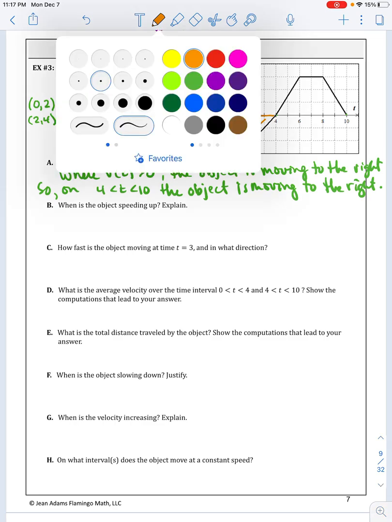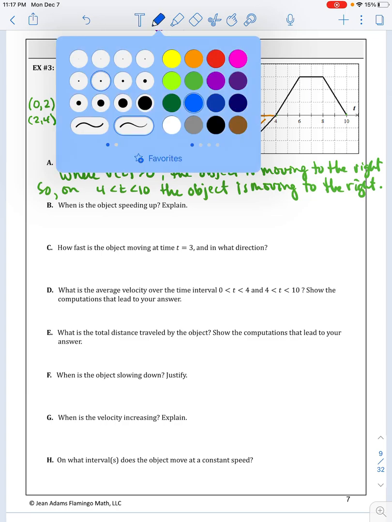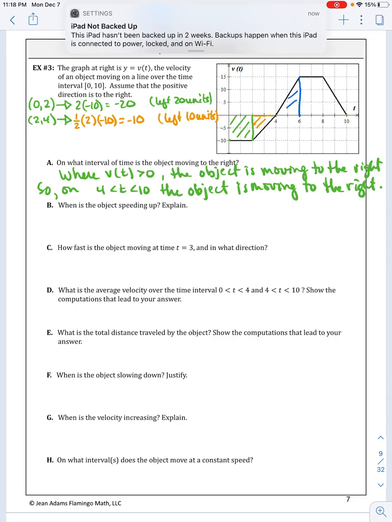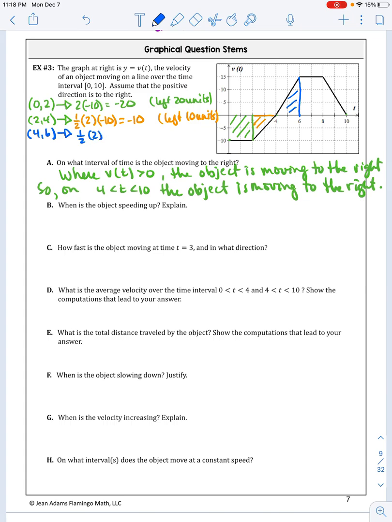Kind of made everything look weird by changing colors. Sorry about that. But the next one that I want to do is this one from 4 to 6. And that is the area of a triangle. So this one is 1/2, our base is 2, our height is 15.